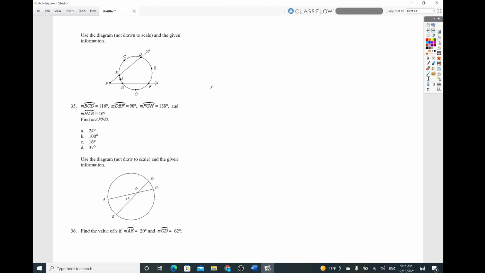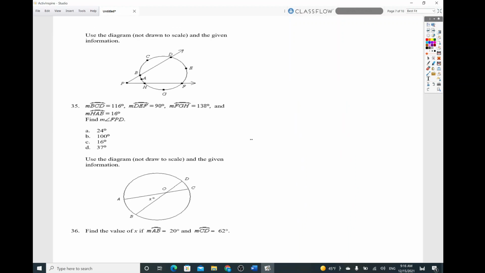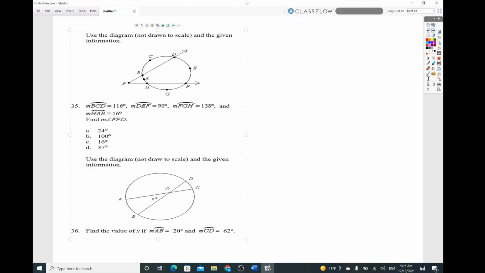So the circle, so use the diagram. This one obviously is not drawn to scale, so we want to find out what's happening with the measure of the missing arc or angle. Okay, so this one is another multiple choice problem. Given that the measure of arc BCD is 116 degrees.